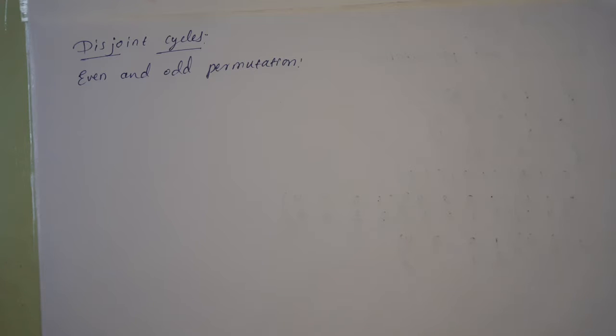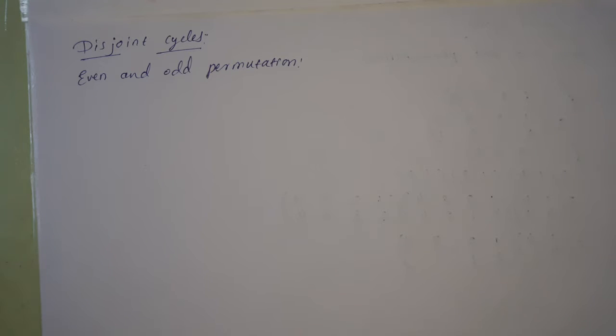And already we know how to decompose the given cycle, right, and how to write the disjoint cycles from the given permutation. So to define even and odd permutation, the permutation must be a cycle. Then only we can define even and odd permutations by help of transpositions.